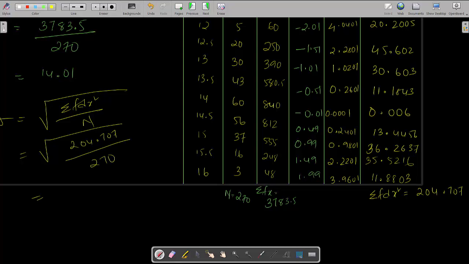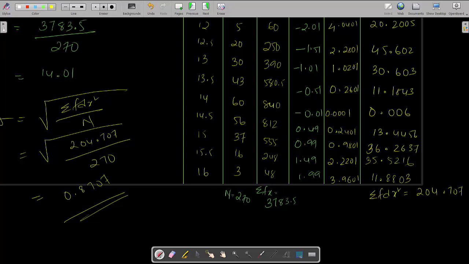If you divide this and find the square root, you will get 0.8707. So this is our standard deviation. In question number 6, you are asked to just find the standard deviation and nothing else, so we will not be finding the coefficient here. Clear?